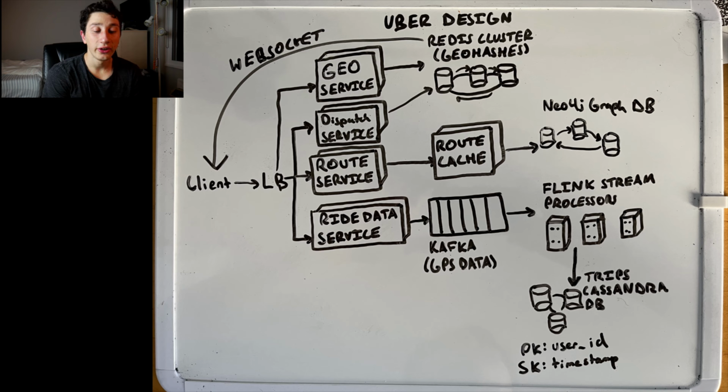As a result, they're going to first hit this geo service, which is going to be basically horizontally scaled out, and afterwards hit our Redis cluster, which we described earlier, which is basically our cluster of in-memory databases that are sharded by geohashes.